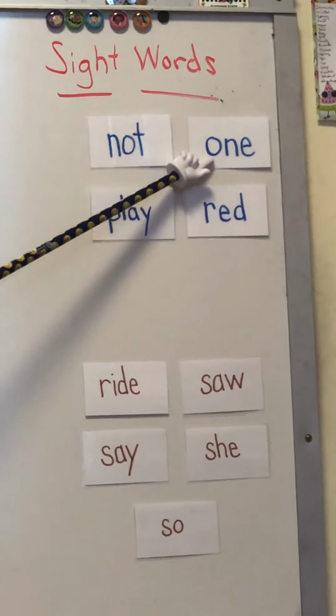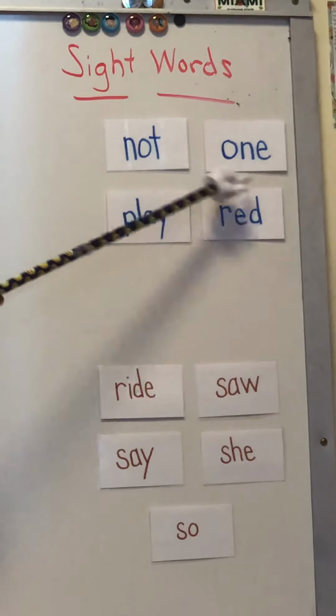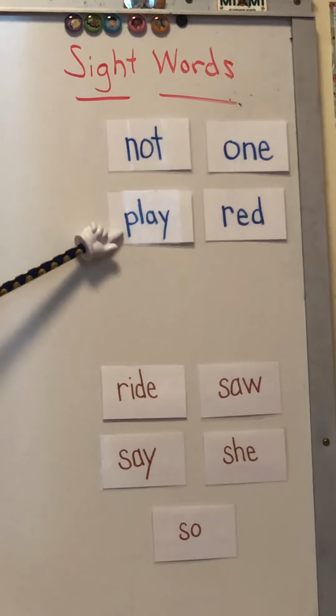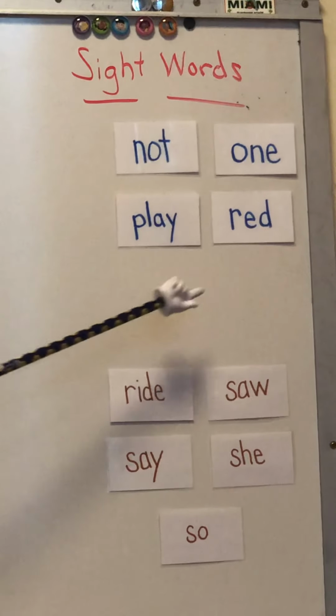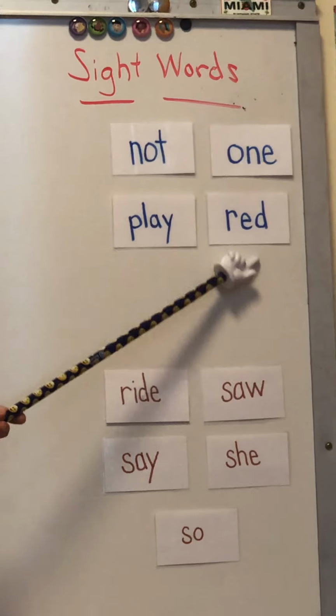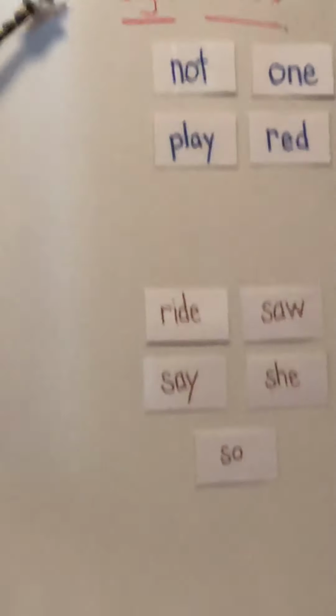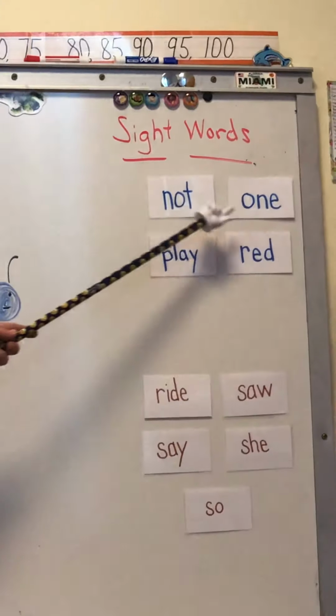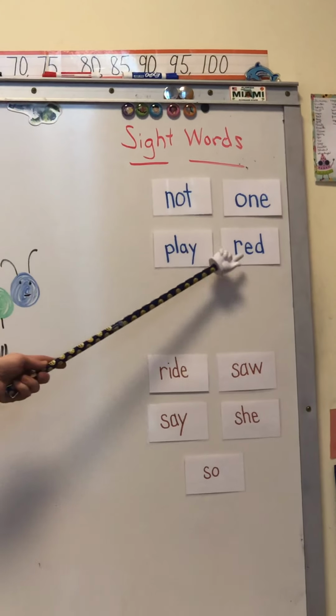One of you is wearing a purple shirt. I can't wait to get to the park and play. And my mom's favorite color is red. So the pre-K sight words are not, one, play, and red.